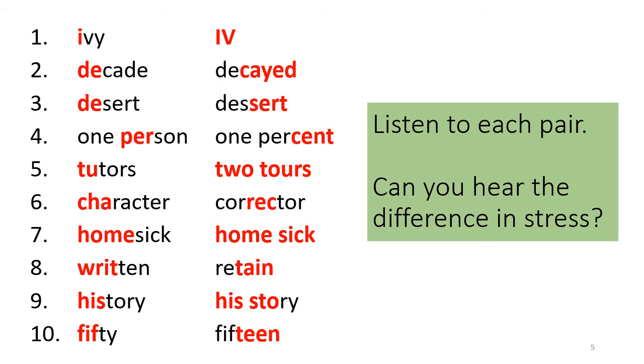Character. Corrector. 7. Homesick. Homesick. 8. Written. Retain. 9. History. His story. 10. 50. 15.